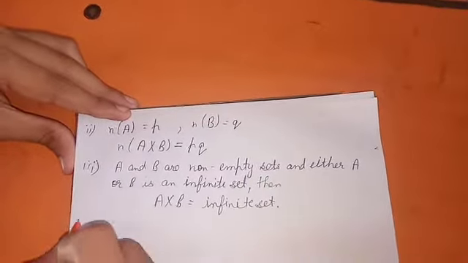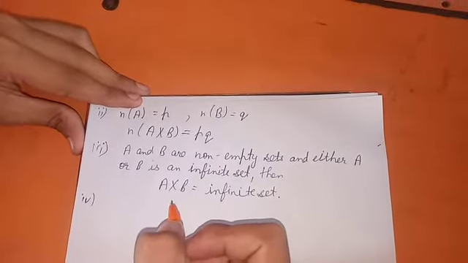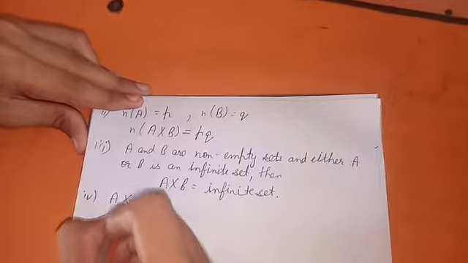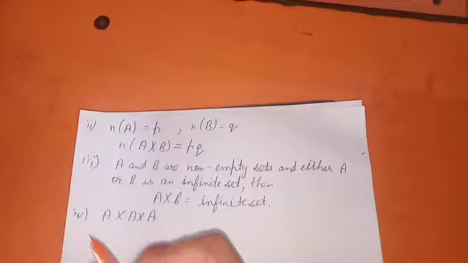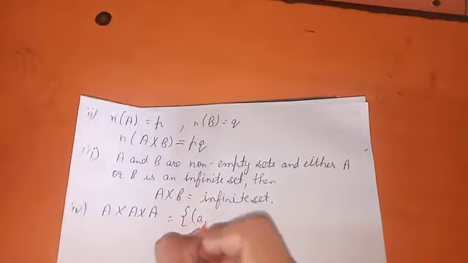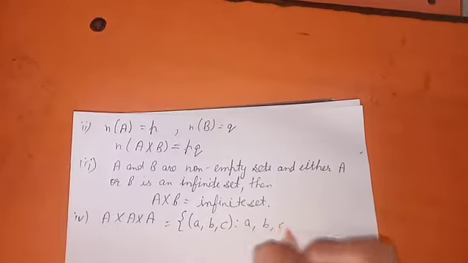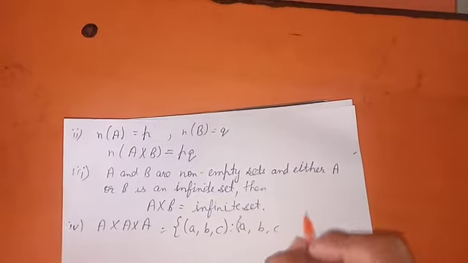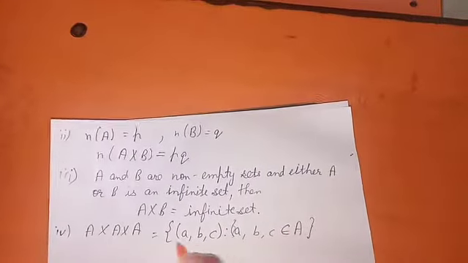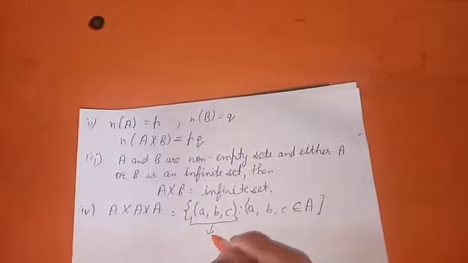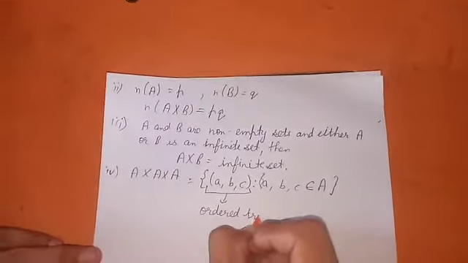Now the fourth is A cross A cross A. That means we have to find the triplet, which is equal to A, B, C, where A, B and C all three belong to the set A. This ABC will be called an ordered triplet.